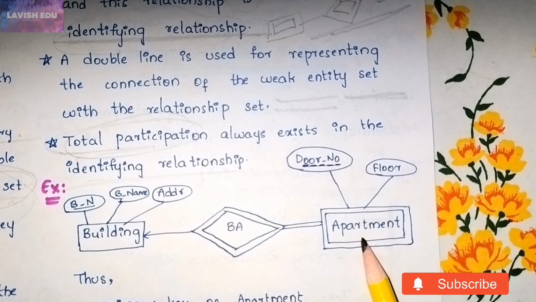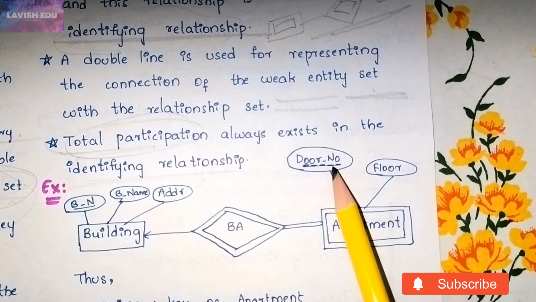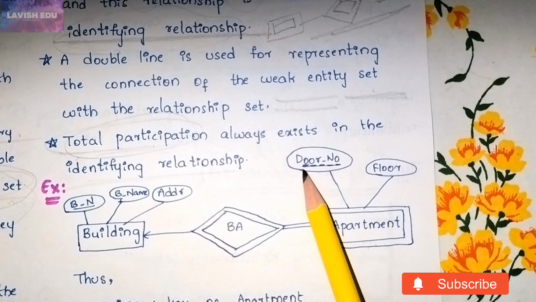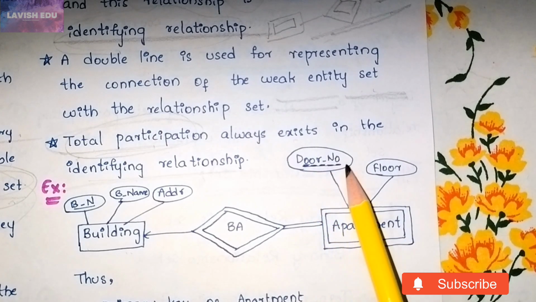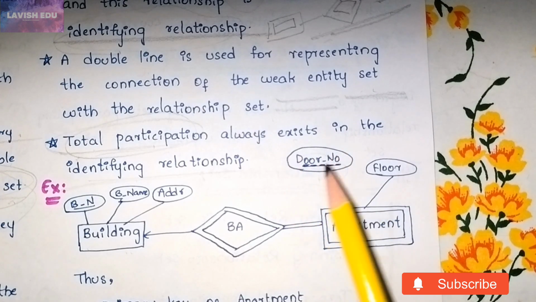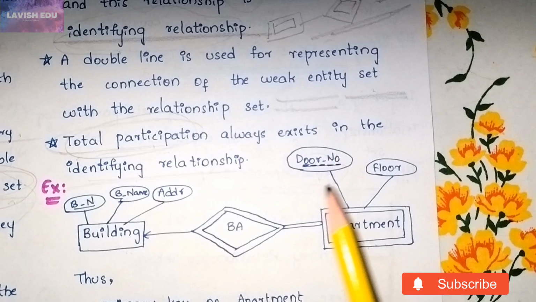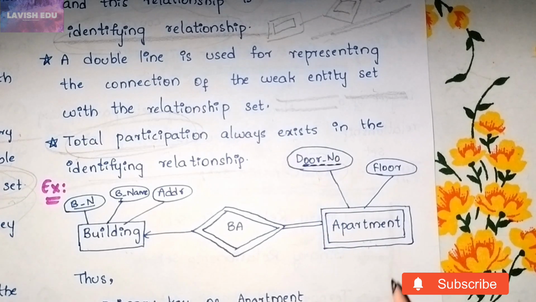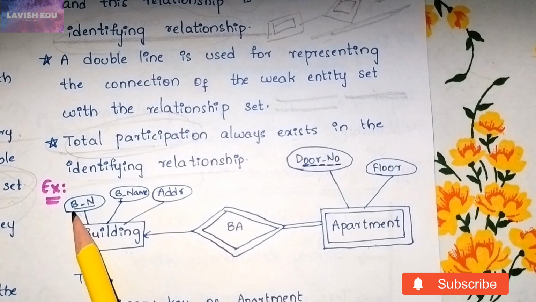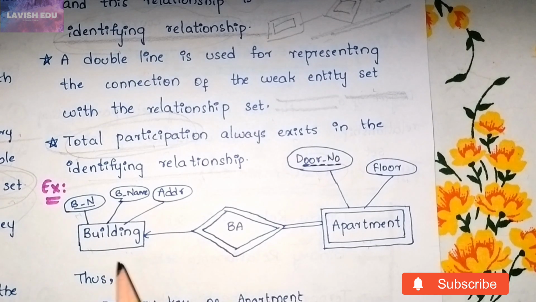As apartment is a weak entity, it has a discriminator, which is represented with a dashed underline. Here we are considering door number as the discriminator, as it uniquely identifies the weak entity sets. And building has the primary key value, that is building number.